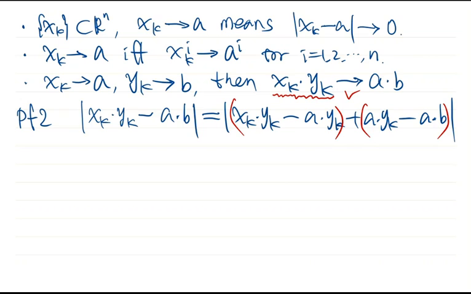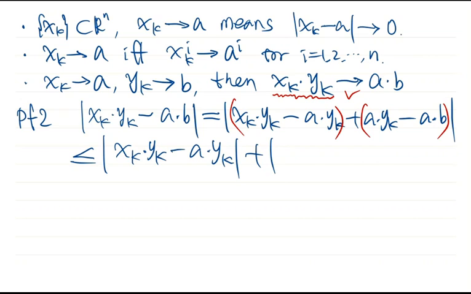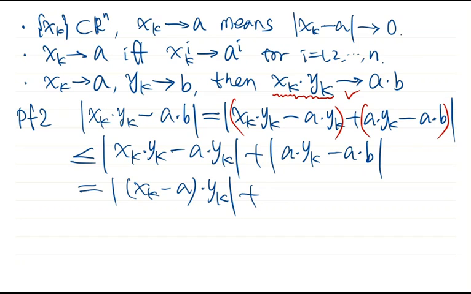So applying the triangle inequality, we get the absolute value of xk dot yk minus A dot yk plus the absolute value of A dot yk minus A dot B. And this can be written as the absolute value of xk minus A dot yk plus A dot yk minus B. Now this is the scalar product of two points in Rn.